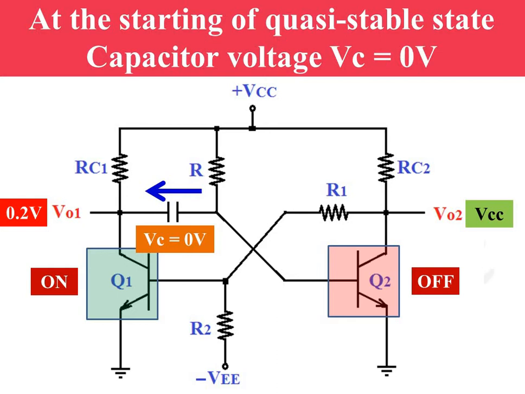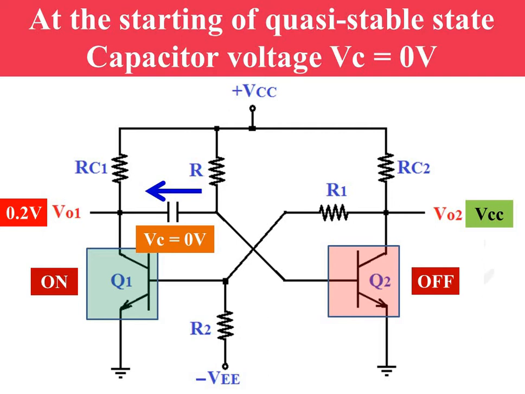Capacitor is getting charged, as current flows through capacitance C, as shown in the diagram, from VCC to collector of transistor Q1. Initially, voltage across the capacitor is equal to 0 volt. Capacitance is getting charged.